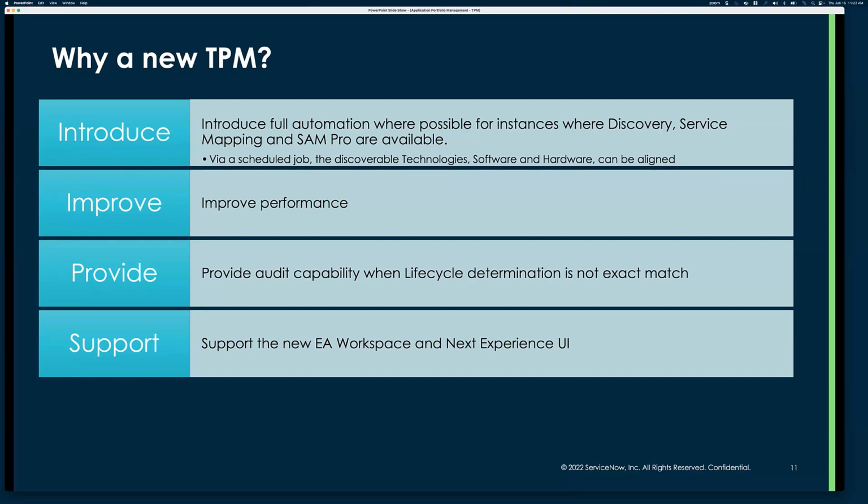That's what we're trying to get to: let this thing go out there and show me software obsolescence risk with a click of a button. And we want to improve performance. Not only do we want to reduce the manual inputs, but we want to improve the performance of the whole thing. We want to provide an audit capability.